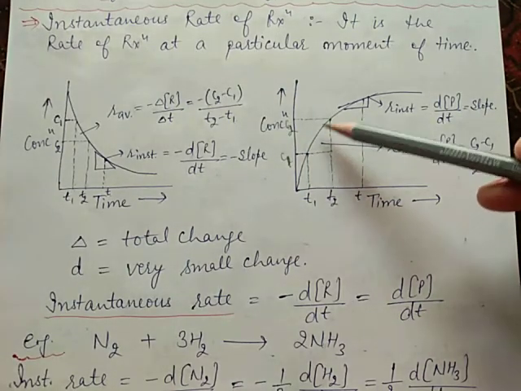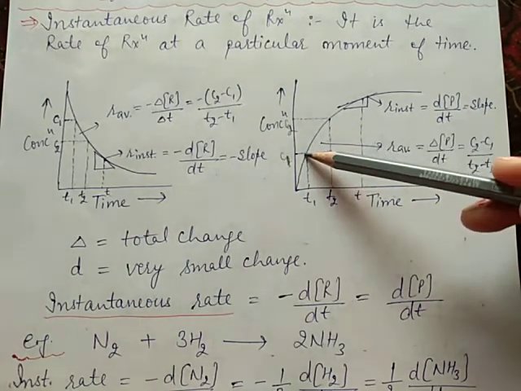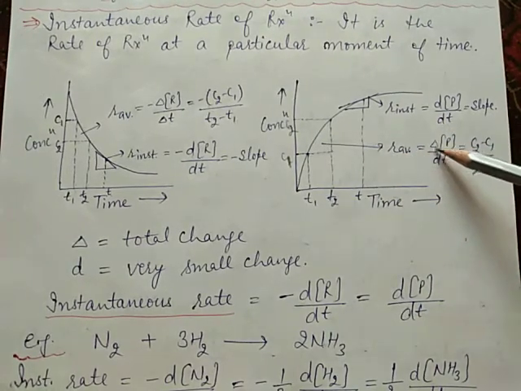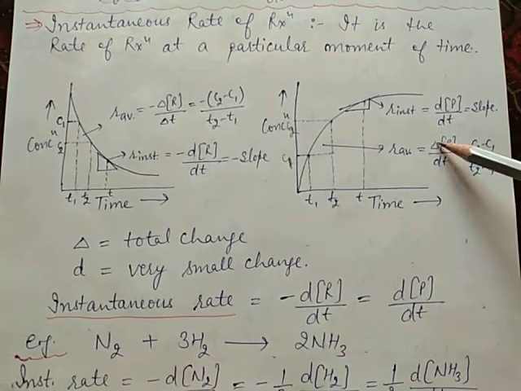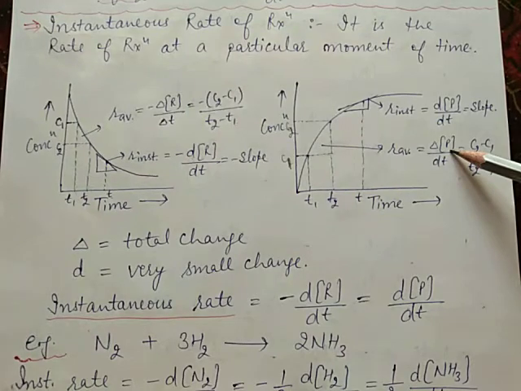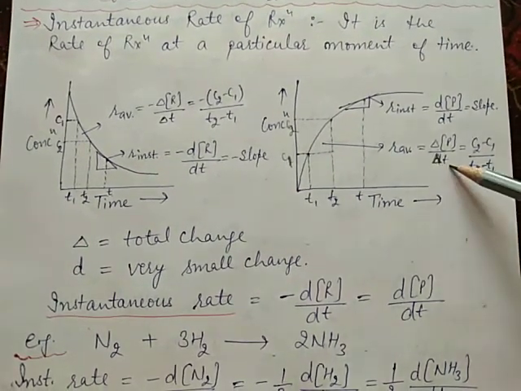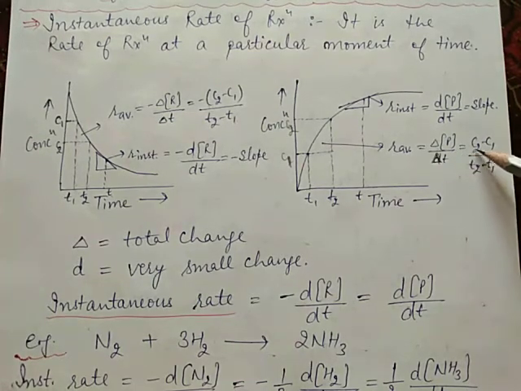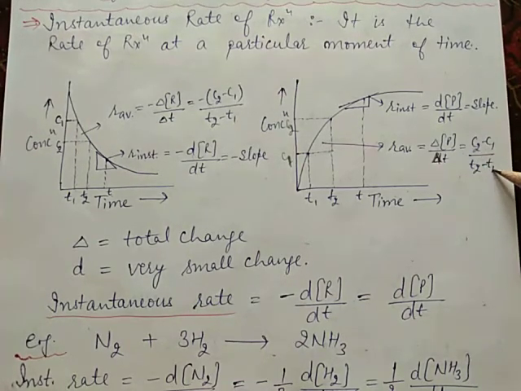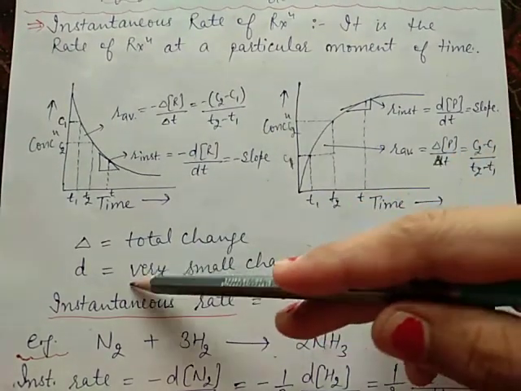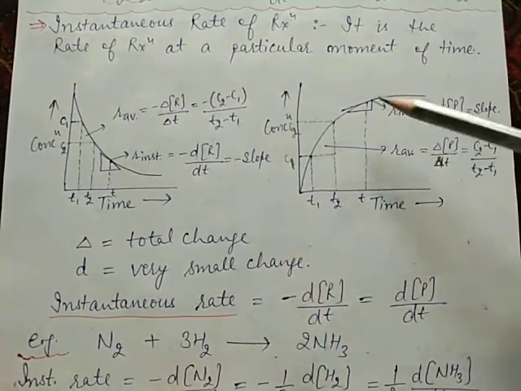So this becomes average rate. Average rate is equal to plus sign delta concentration of product divided by delta T, that is equal to C2 minus C1 divided by T2 minus T1, because delta is the total change and d is a very small change.